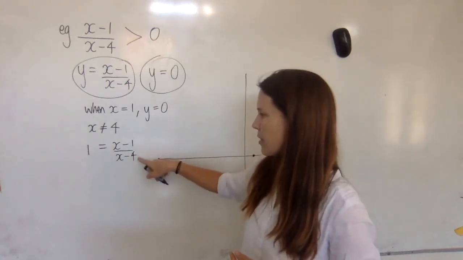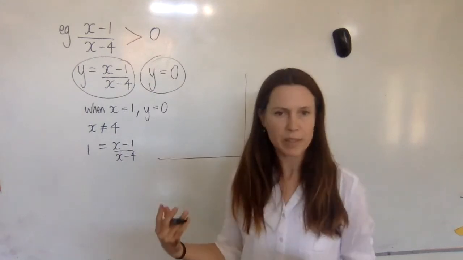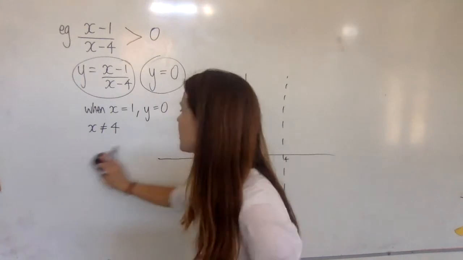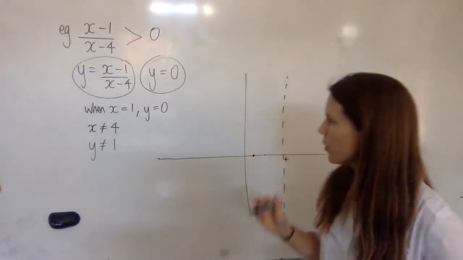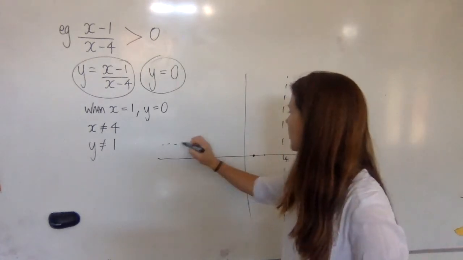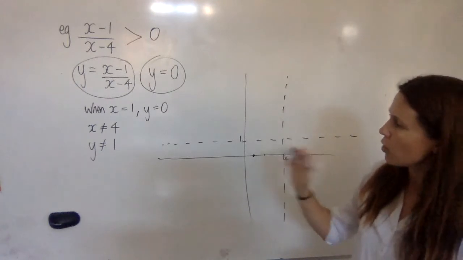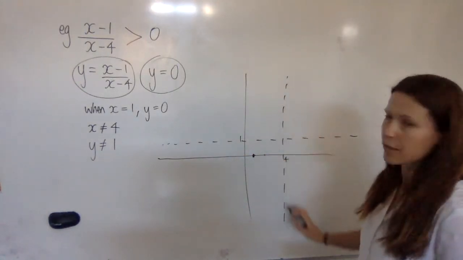And how can these be the same when we've taken the same number and subtracted a different number from it? They won't be the same. So this sort of thinking is what we'll be getting to later. But I can spot that y can't actually be 1. Okay, so I've got an asymptote going along here, and y can't be 1. Now I've got my 0, and I've got a discontinuity.